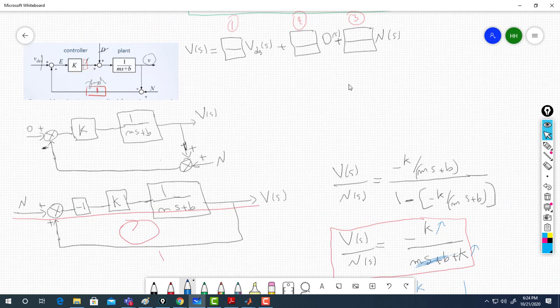At the end, this is the third transfer function, which is minus k over ms plus b plus k, n of s. And here is d of s, the second transfer function, and here is v desired, the first transfer function.